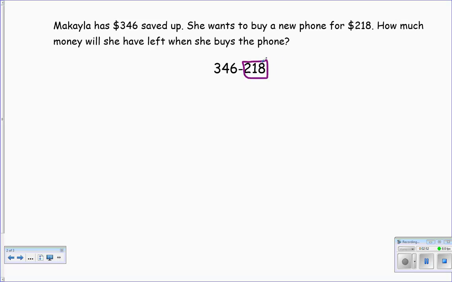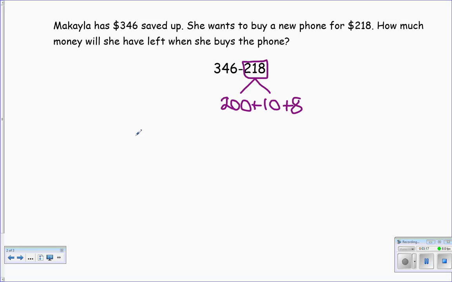That's this number right here, 218, and you're going to put it in expanded form, where you're going to decompose it. Okay, so 218 decomposes into 200 plus 10 plus 8. Okay, this is step one, making sure that you decompose the number that you're taking away.